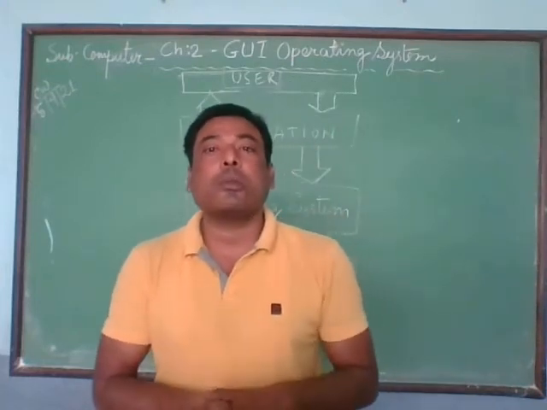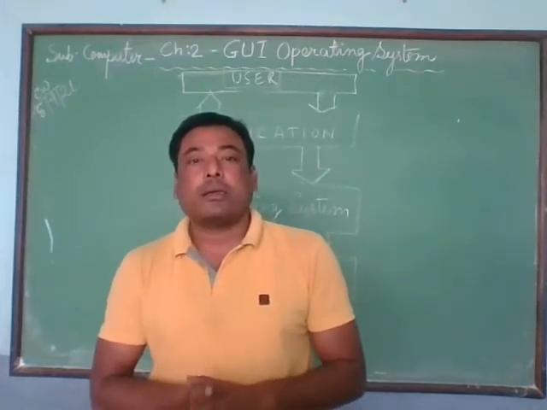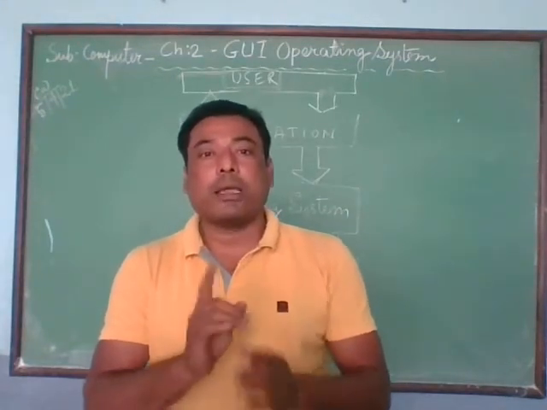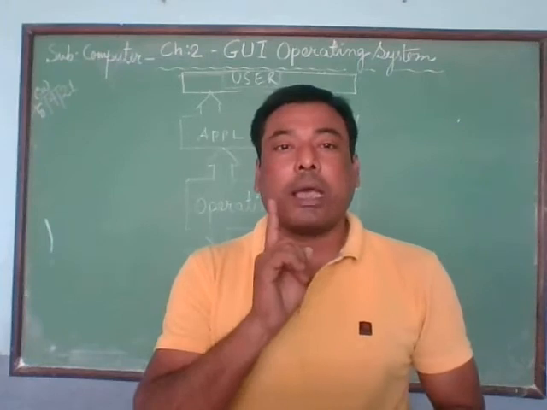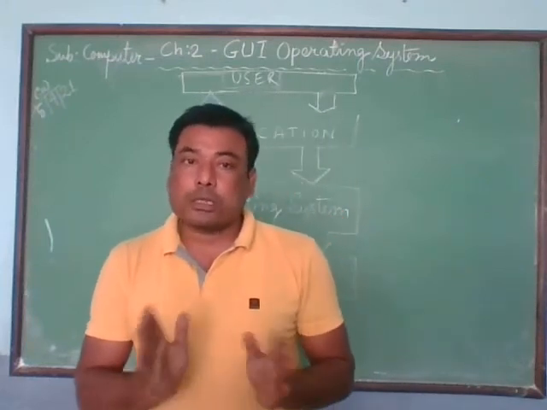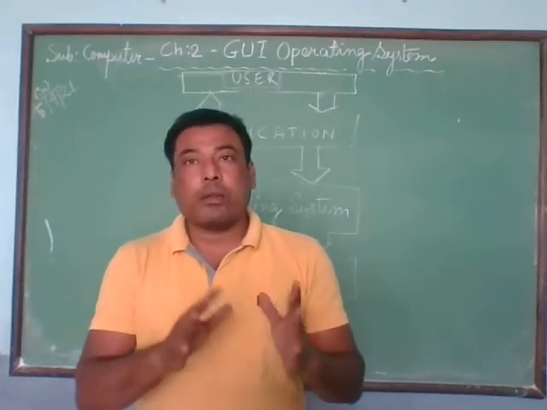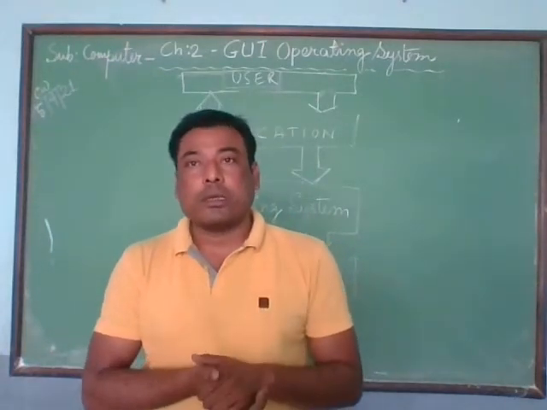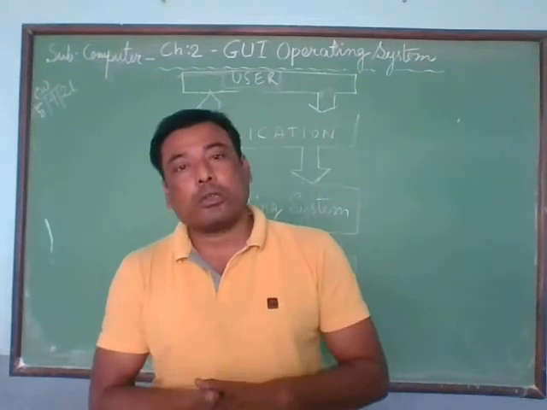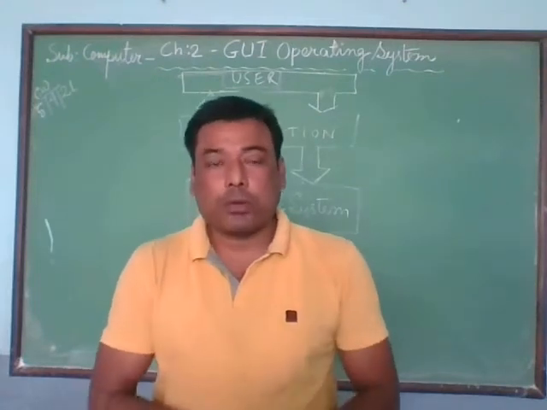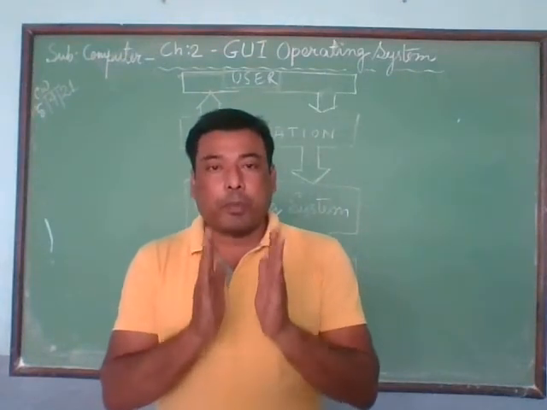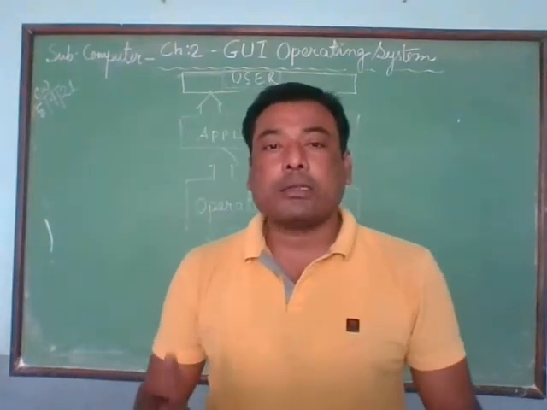So with a single user operating system, a computer can only be used by a single user at a time. It is clear, and from here you will get many examples of operating systems. So we can write multi-user as well as single user. Types of operating system: multi-user and single user.